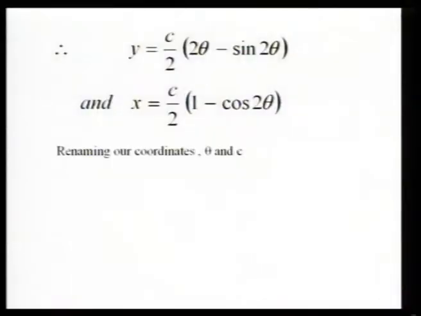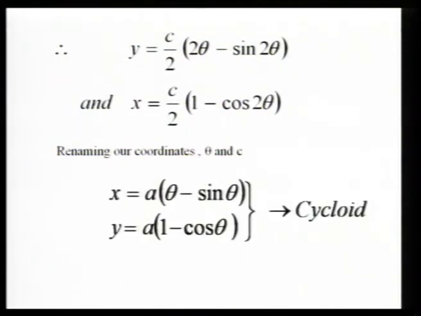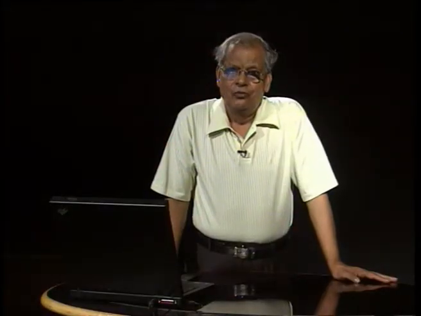It's just changing the variables. And therefore we obtain x is equal to a times within bracket theta minus sine theta, and y is equal to a times 1 minus cos theta. This is the equation of a cycloid. What is a cycloid?